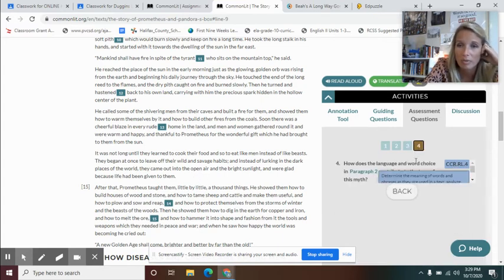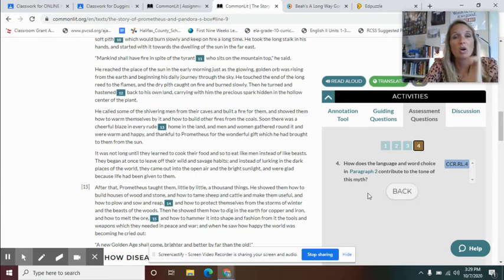All right, and number 4 says, how does the language and word choice in paragraph 2 contribute to the tone? Remember that tone is the author's voice, the way that they say things, the opinion that they have, and you have to learn that through the way that they talk about stuff. So when you're listening to your mama and she's frustrated with you, you can tell because of the way she says things.